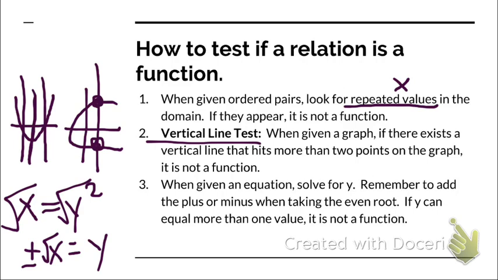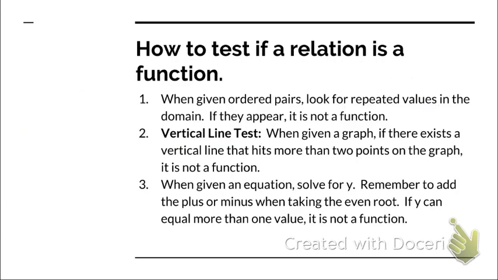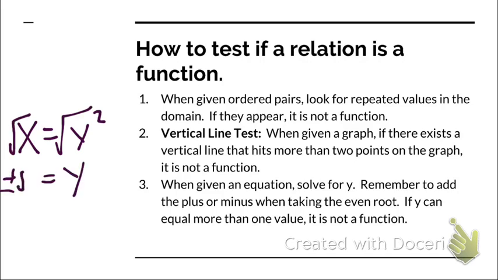So now if you were to just take an x value, sorry to delete that last one, but just restart on the number 3. If you had something like x equal to y squared, that's not a function, because if you were to solve for y, you would get y is equal to plus or minus root x.